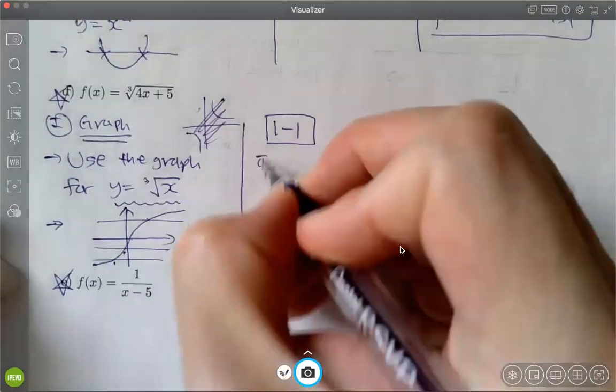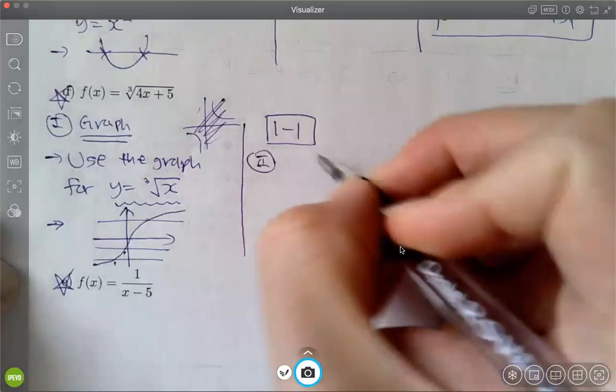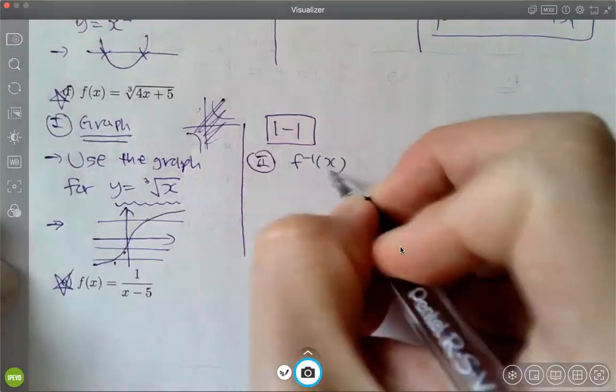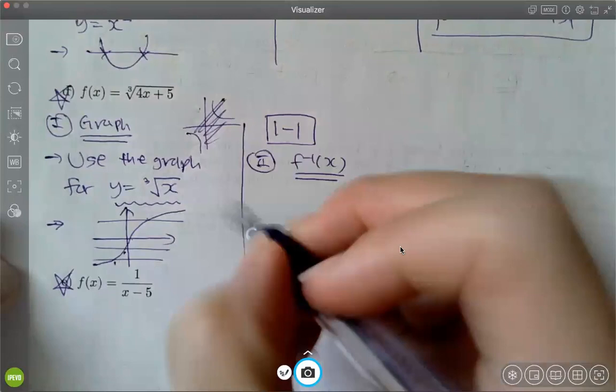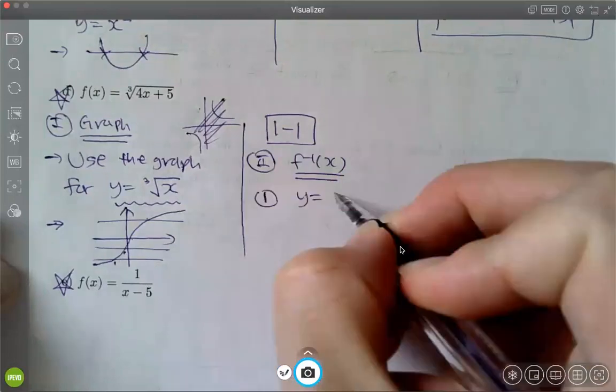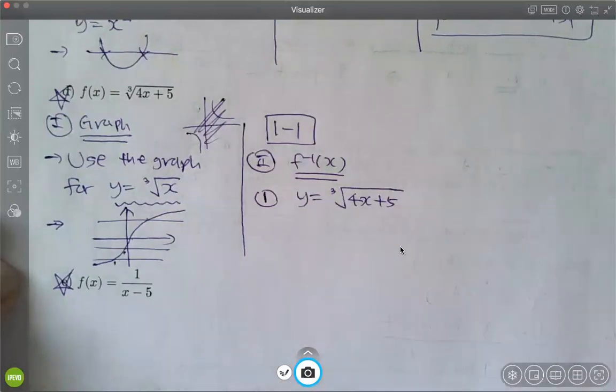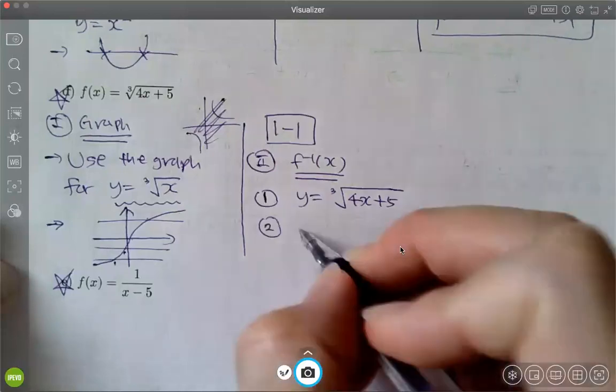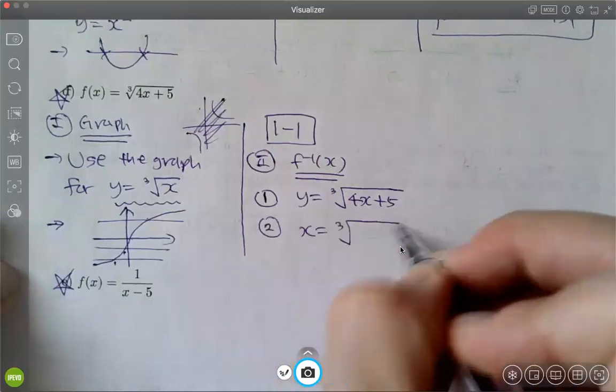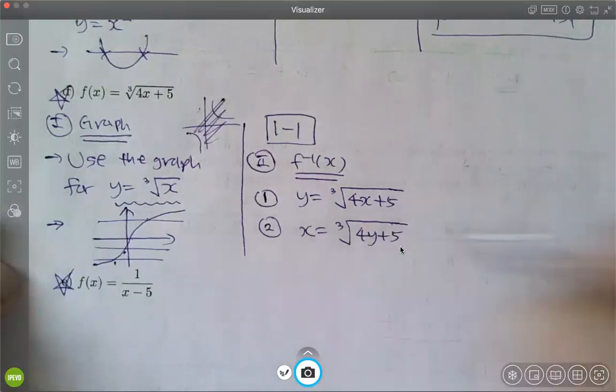There will be f inverse, right? So what do we do first? We'll replace f of x by y. So y equals cube root of 4x plus 5, which is pretty easy. And then step number 2, swap x and y. So x equals cube root of 4y plus 5, right?